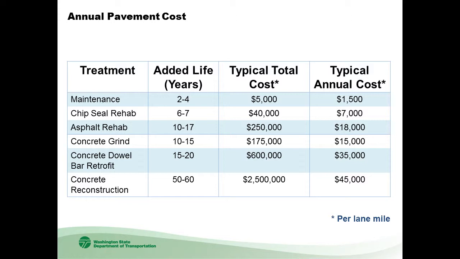We're about halfway through it, where we are basically expanding the size of our chip seal network by 50%. Because we have roads that we think are appropriate for a chip seal, and not all roads are. Usually these are lower volume traffic roads. But if those currently have an asphalt surface, we are converting those to a chip seal surface.